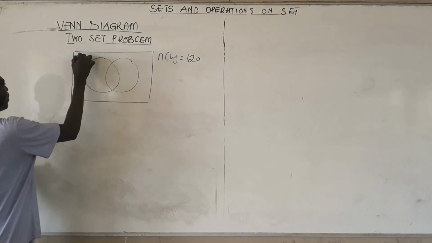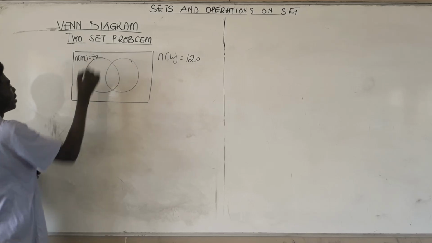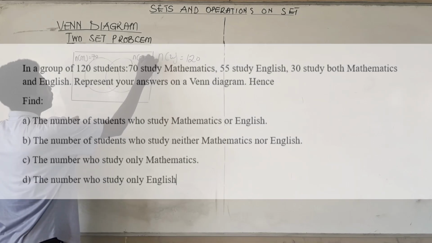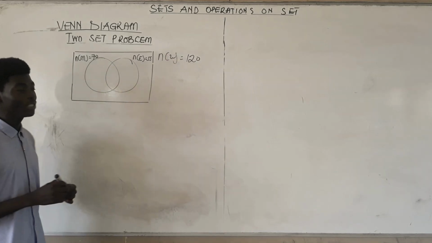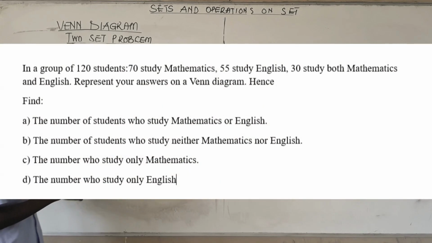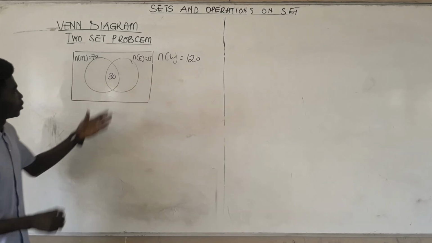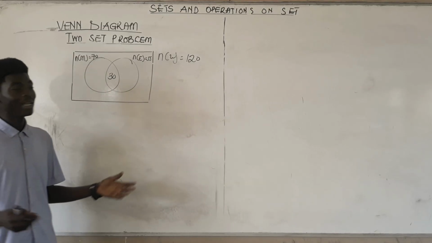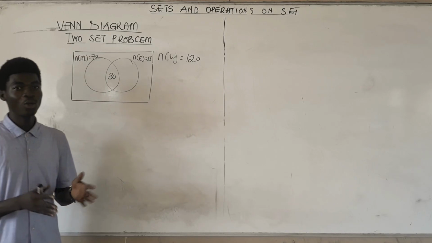So the number of n is 70, and that of English is 55. And 30 students study both mathematics and English, so we represent that here by 30. So the intersection of maths and English is 30. And that is how our Venn diagram looks like.